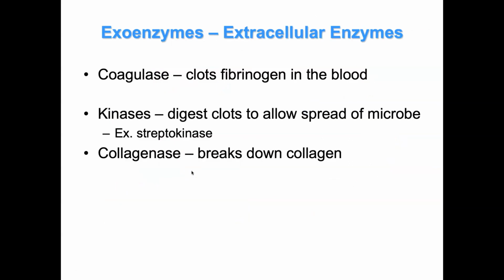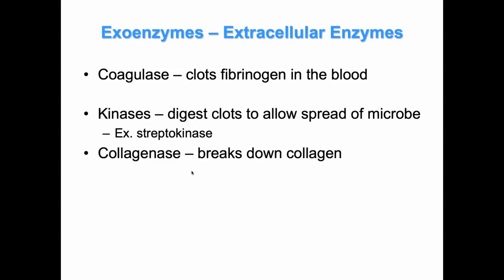Continuing on, exoenzymes. These are extracellular enzymes that are produced by the microorganism and then released into its environment. These include coagulase, which can clot fibrin in the blood. It can include kinases, which will digest clots, and collagenase, which breaks down collagen.